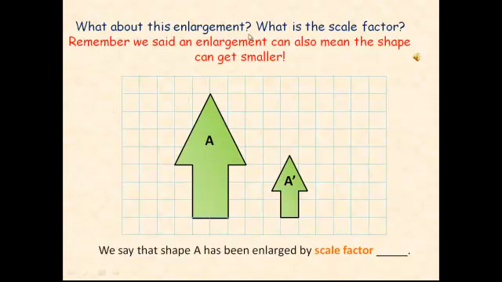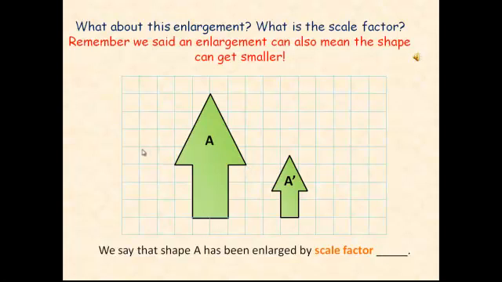What about also the enlargement? What is the scale factor? Let us see here the shape A becomes A dash. So not every time the enlargement will give me bigger. Sometimes the shape can get smaller.